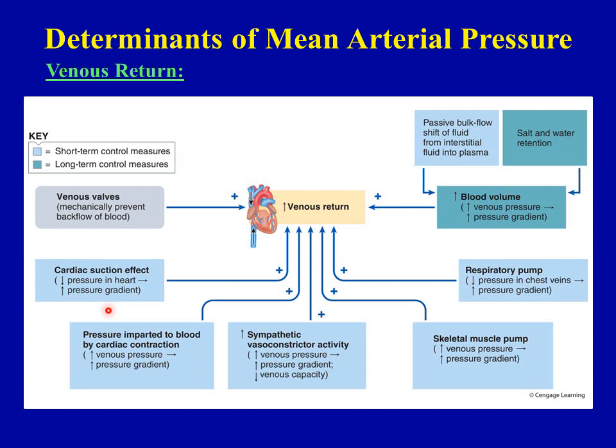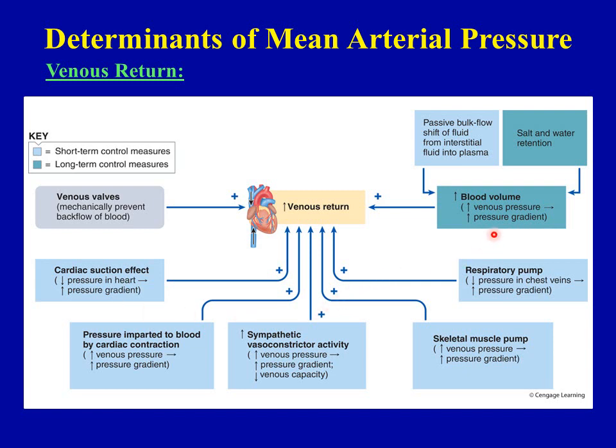Sudden, quick ventricular diastole will create cardiac suction, a sudden decrease in the ventricular pressure, and this will ensure a higher pressure gradient for the venous return from the veins through the right atrium to the right ventricle.